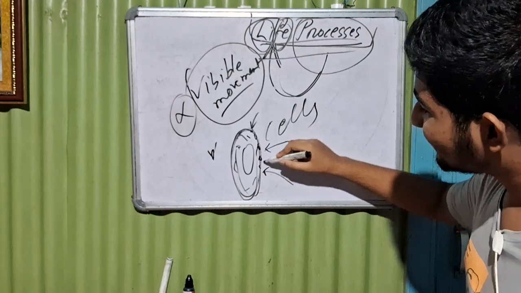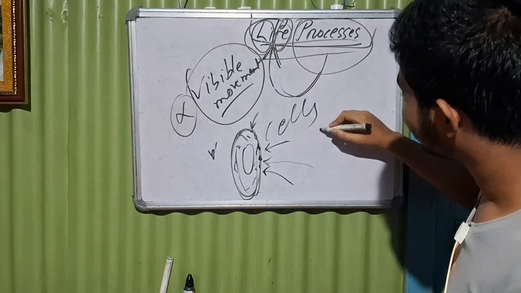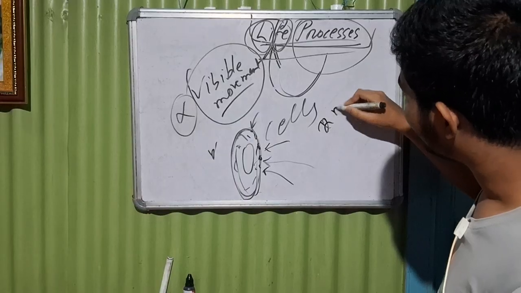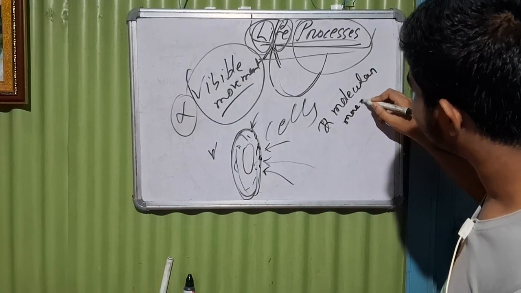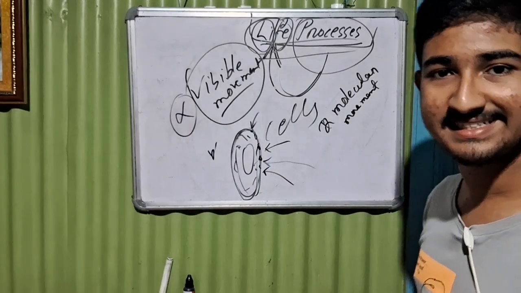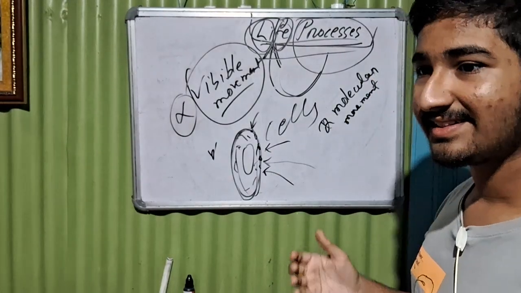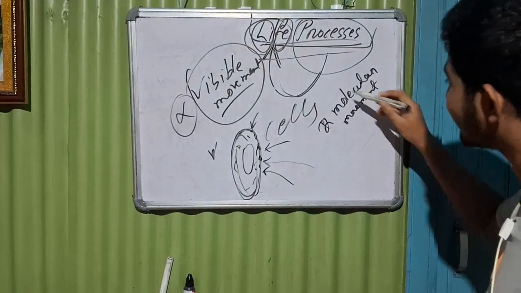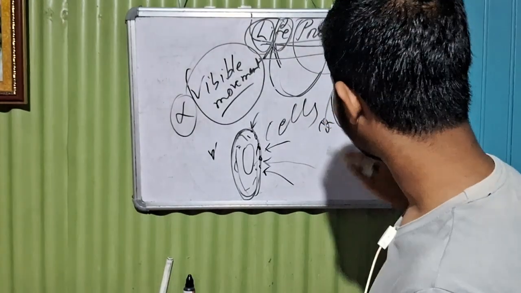If you look at the molecular level of this cell, you may see molecular movement as it is continuously repairing or maintaining itself to be called living. So you can see molecular movement will happen.